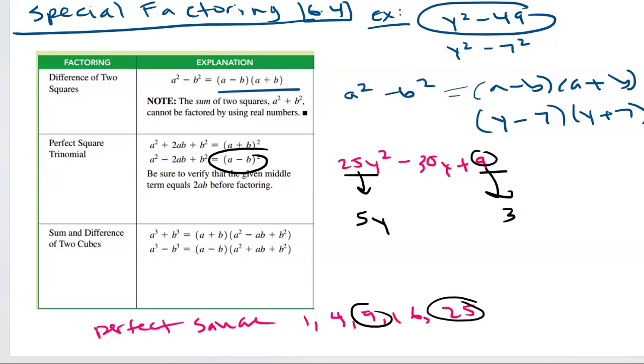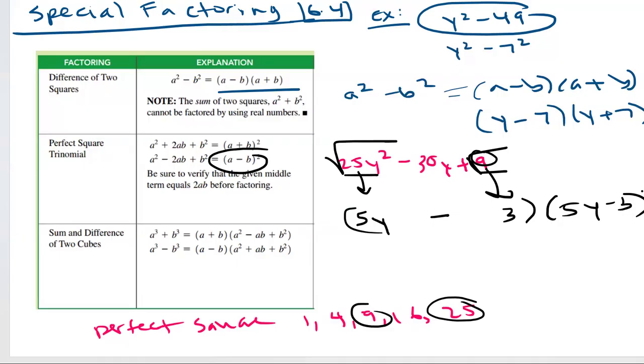Okay. So basically what I'm doing is I'm just taking the square root of the first term and the square root of the last term. So 25y squared, the square root of that is going to give me 5y, and the square root of 9 is going to give us 3. Okay, so we have a minus positive combination, right? So we're going to have two negative factors here.